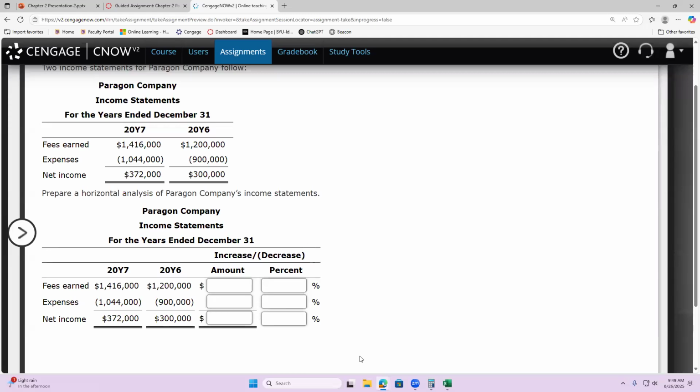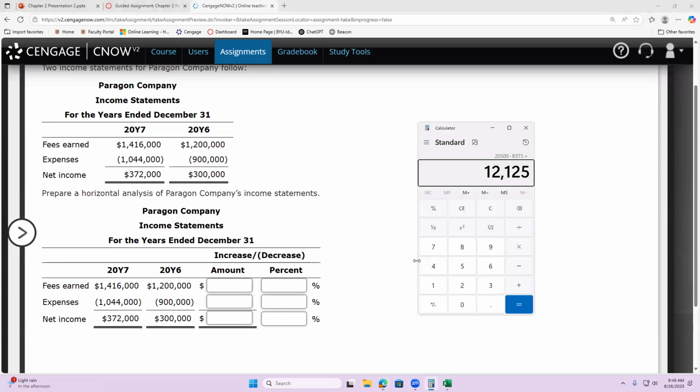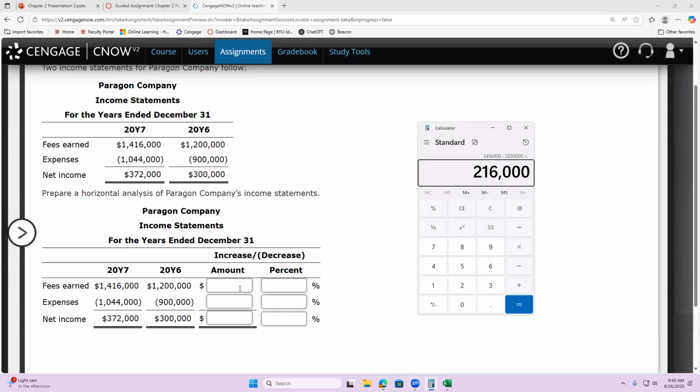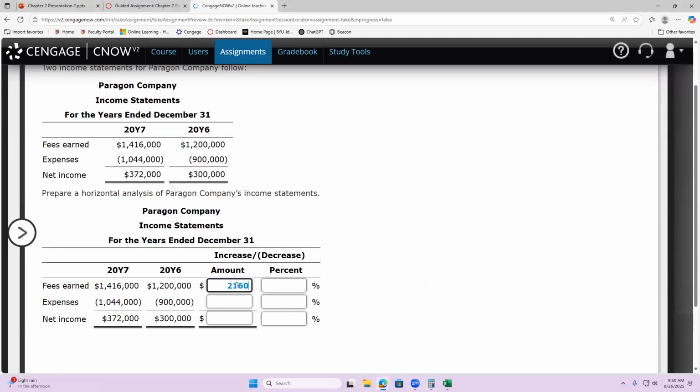So to do that, again, I'm just going to take the 2017 number, 1,416,000, minus the 2016 number, 1,200,000, and see that it increased $216,000. So our revenue increased $216,000 from 2016 to 2017.